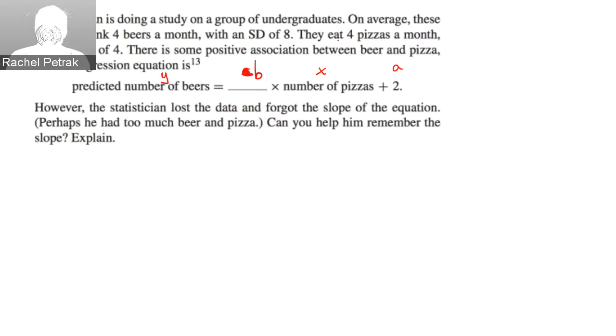What we can look at is we can go back to the idea that the regression line has to go through the point of averages. So the point of averages is the point where the average number of beers intersects the average number of pizzas. Let's look at what that looks like.